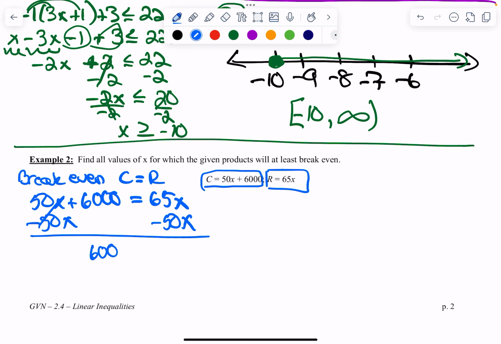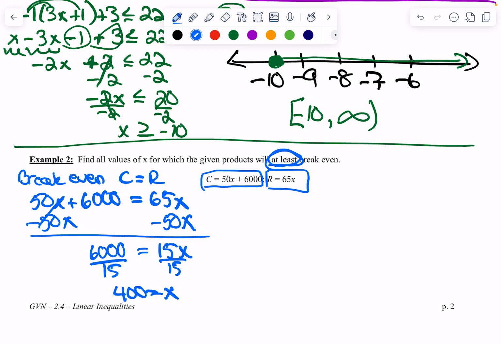So 6,000 equals 15x. And then we divide by 15 and we get 400, or x is 400. Now, this is when it breaks even. Now, notice our question, at least break even.